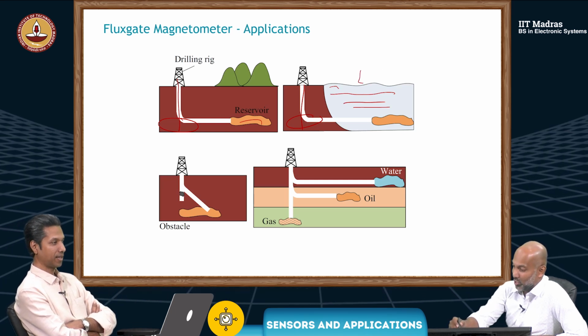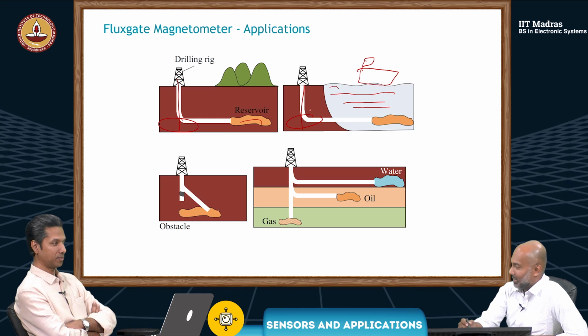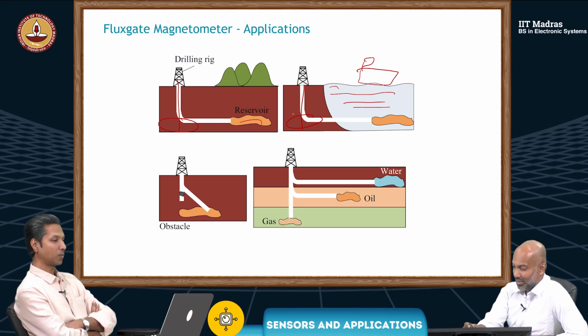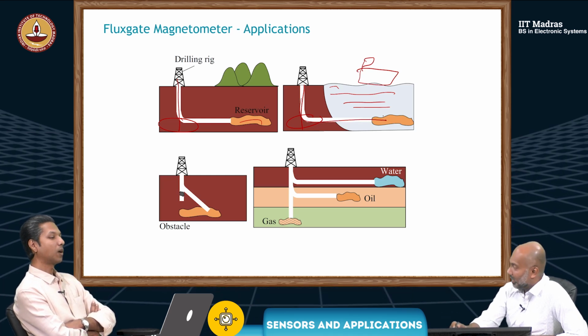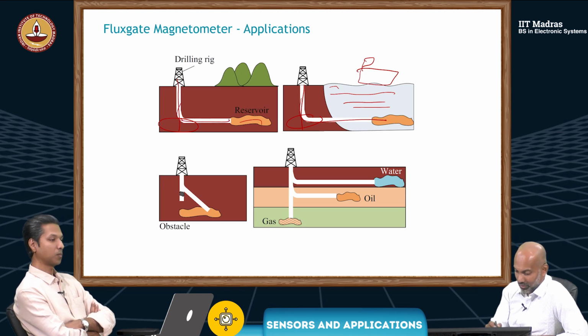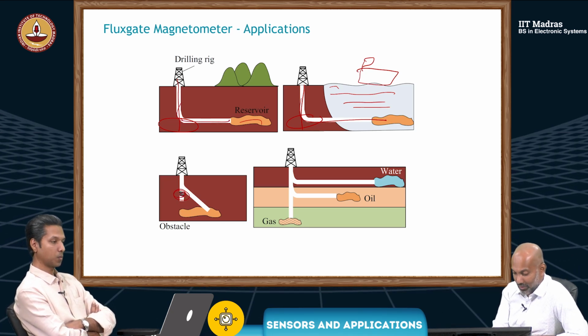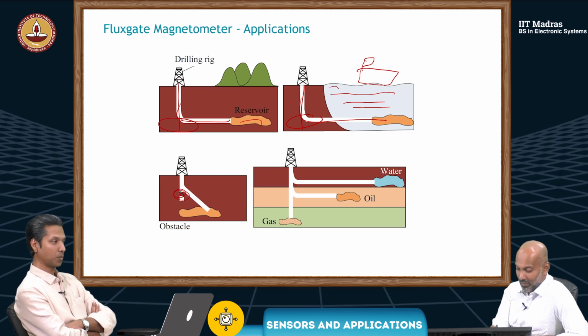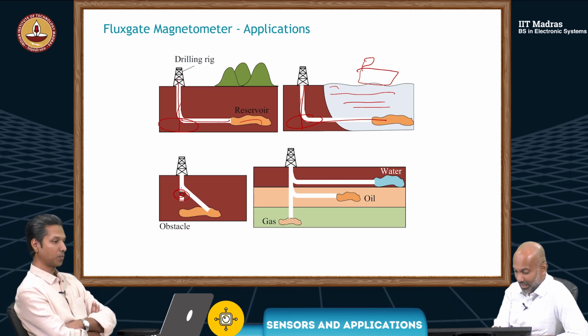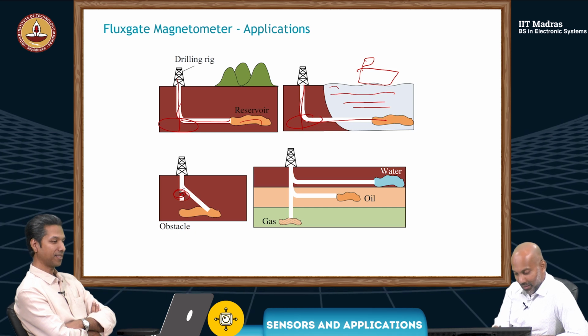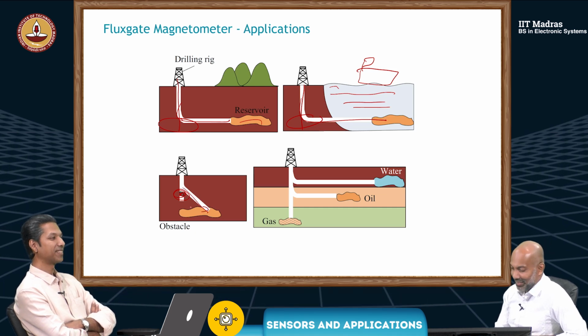So you can have a ship here, but maybe it's expensive. So if it's close to the land, you might have to go horizontal, and here too horizontal. Again, you might encounter some obstacle. In this case, you cannot drill any further. Then take a different angle.